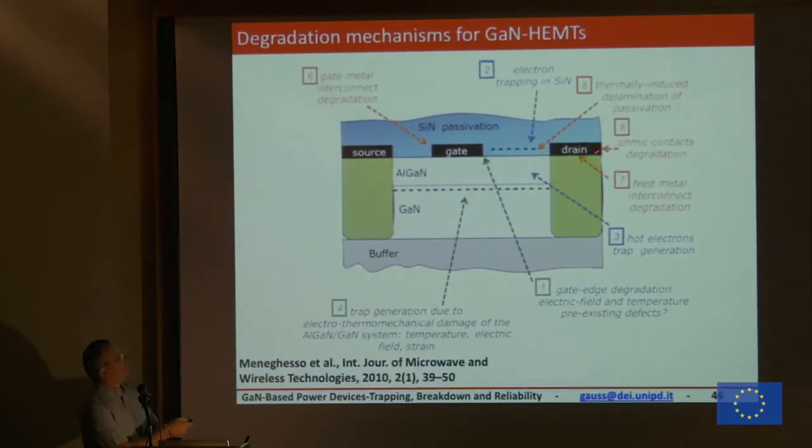We may have a problem at the ohmic contact. We may have problems of injecting electrons at the passivation. We may have problems at the gate edge where there is a very high electric field. I showed you at the beginning, electric field is peaked at the gate edge. And since these devices are sustaining very high electric field, the electric field strength is very strong, and you may have degradation problems there. And then we may have traps here. So here we are just sketching all the possible problems that we may have.